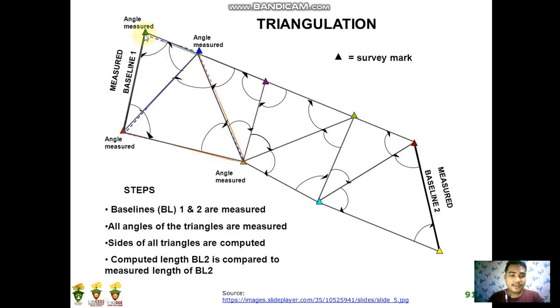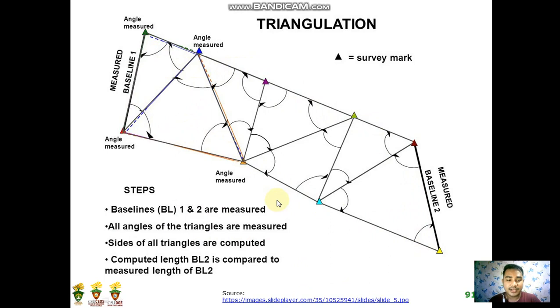So baseline, pasabot ana nga si triangulation is fewer distances lang o fewer sides are measured as distances, no? So kani baseline 1 i-measure ni siya, ang baseline 2 mao ni pang checking, so measure pod ni siya. So steps are the baselines 1 and 2 are measured and all angles of triangles are measured. So i-measure ni tanan angles sa triangulation network.